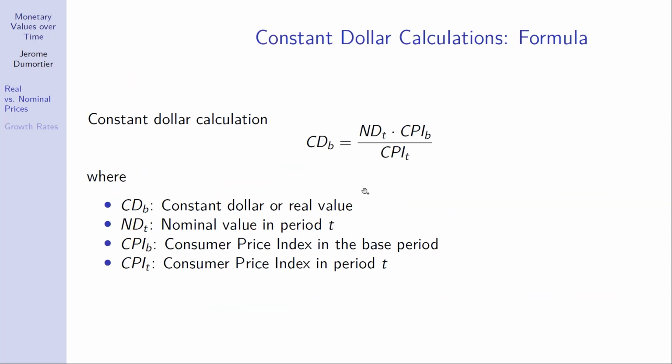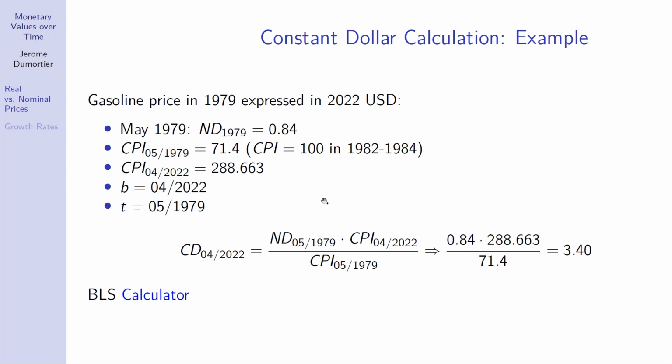Now, how do you convert nominal dollars into constant dollars? Okay. So here you have the equation, but in order to illustrate the equation, let us actually do an example. So think about gasoline prices in 1979. Now, gasoline prices in May 1979 were at 84 cents.